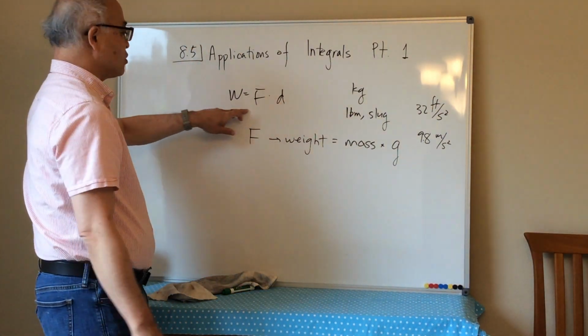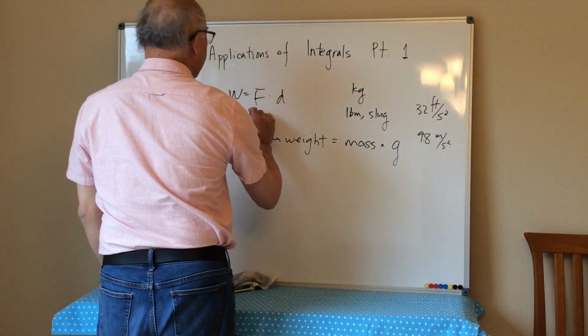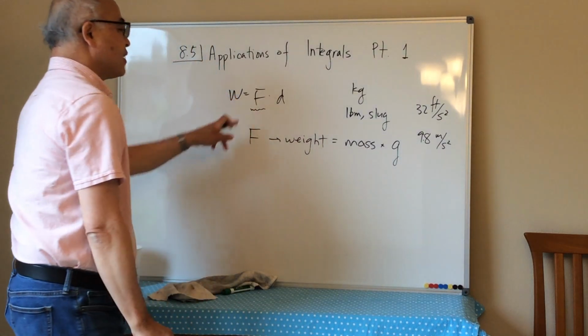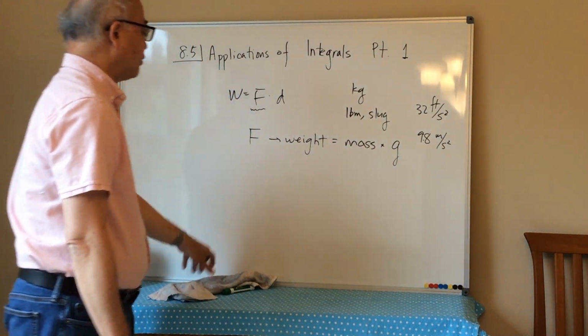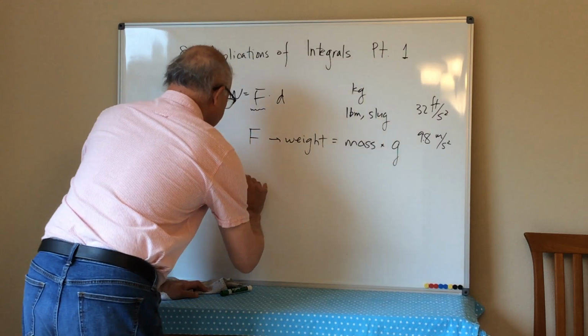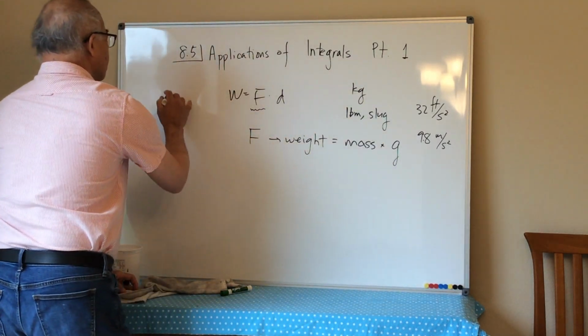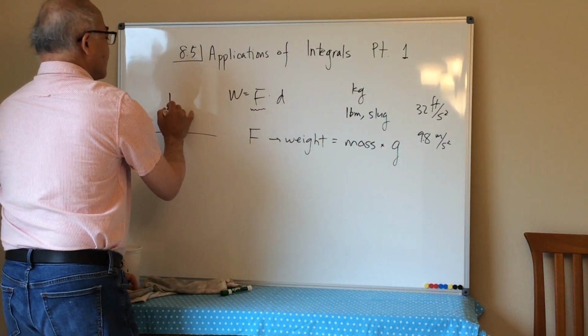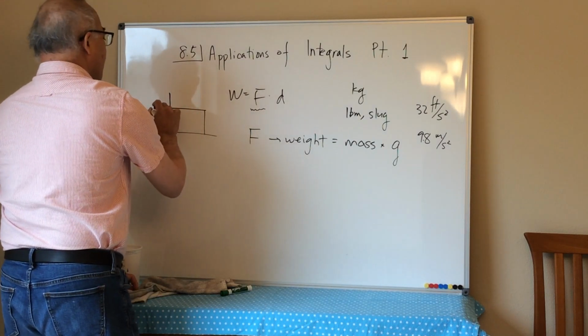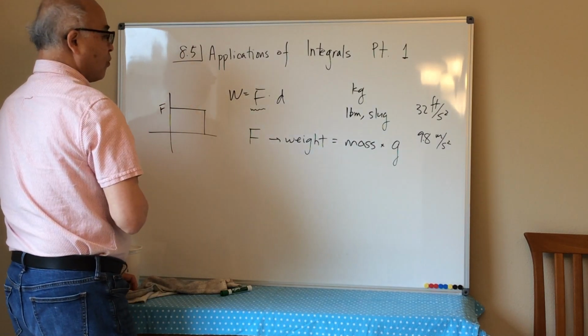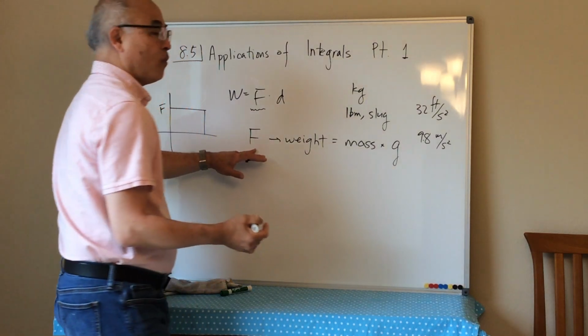Now this works as long as this guy here is constant. If this is constant, no problem, we can do it this way. If it's not constant, so in other words, if you have a weight that is a certain amount of force... let's go back to the force.